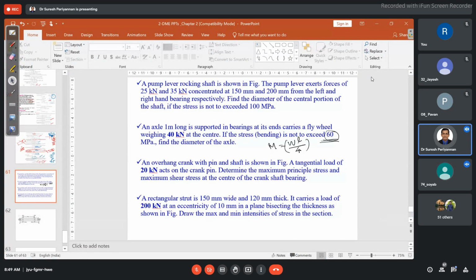Now try to find out the diameter of the shaft. Once you know W, L is given. Now sigma B is equal to the same formula, M by Z. Very simple. Please try to do that and tell me the diameter once you find it.